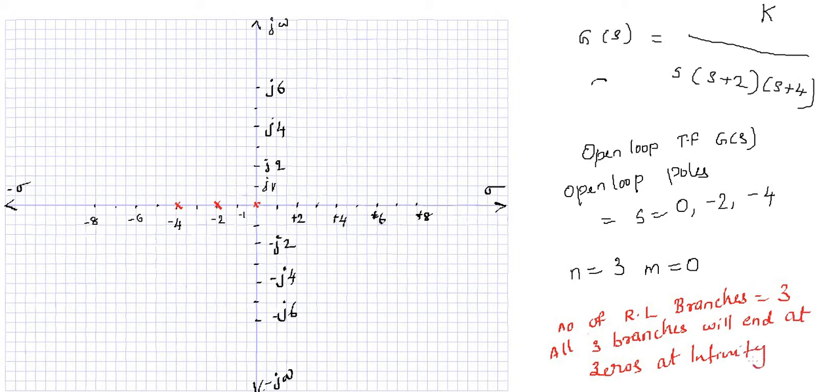Since there are no finite zeros, all 3 root locus branches starting from these 3 poles will end at zeros at infinity.